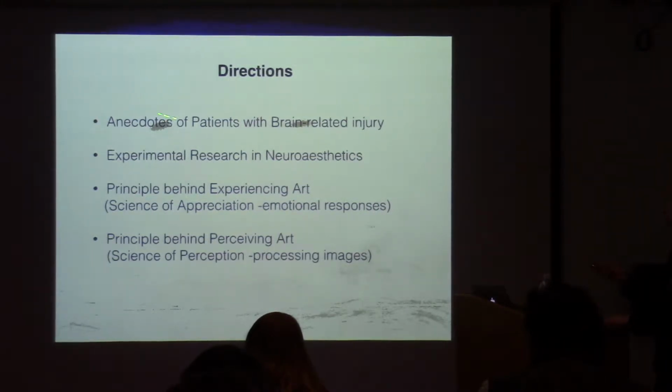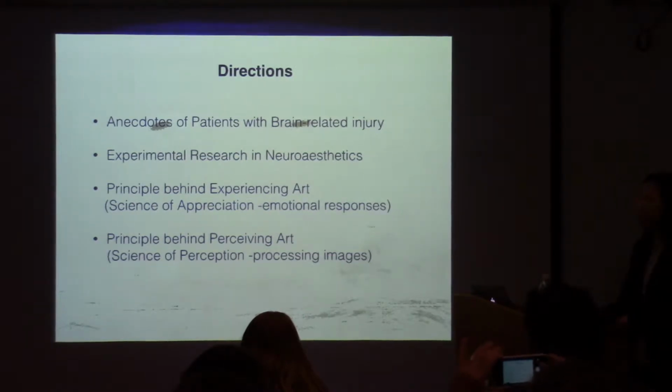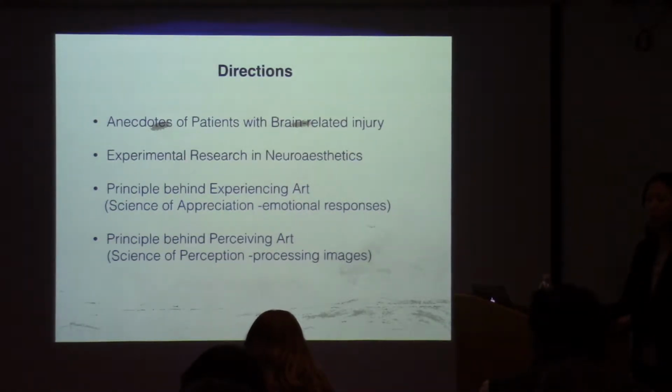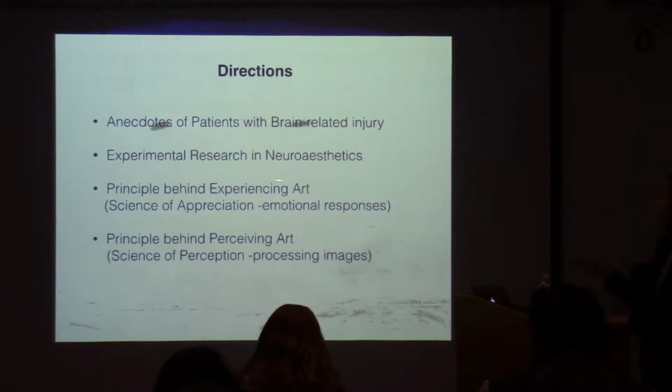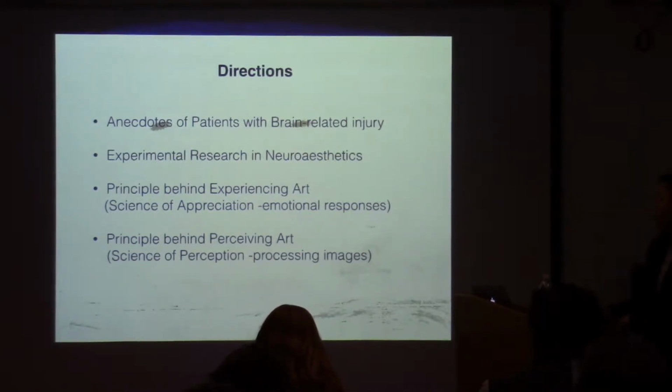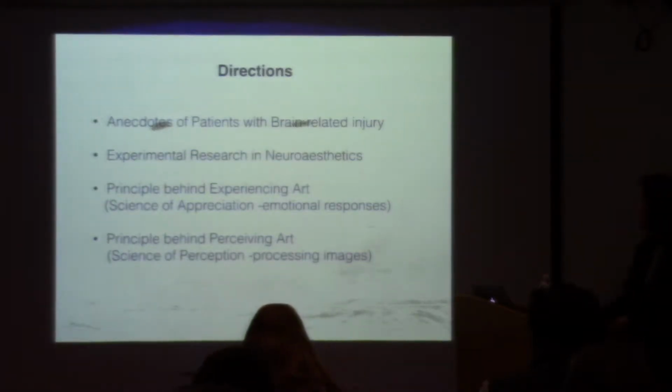In the first part of the lecture, we will look at some of the medical cases, some anecdotes from patients with brain-related injury who have an altered artistic experience or altered aesthetics. In the second part, we will look at and criticize some of the experimental research that is done in the field of neuroaesthetics.